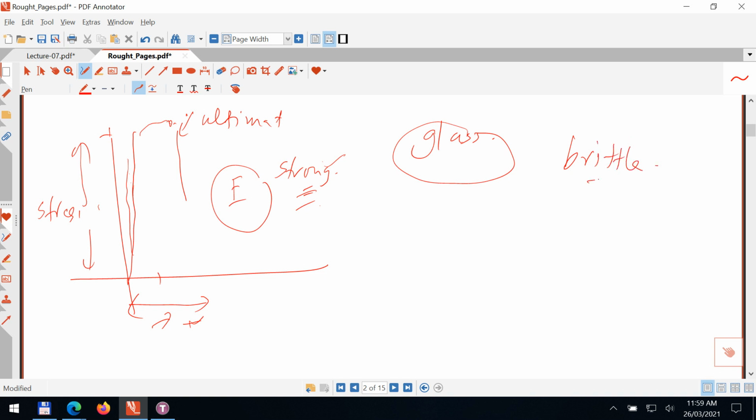So strong is actually not enough and stiff is not enough. या इसका जो अपोजिट है वो है स्टिफ एंड सॉफ्ट.